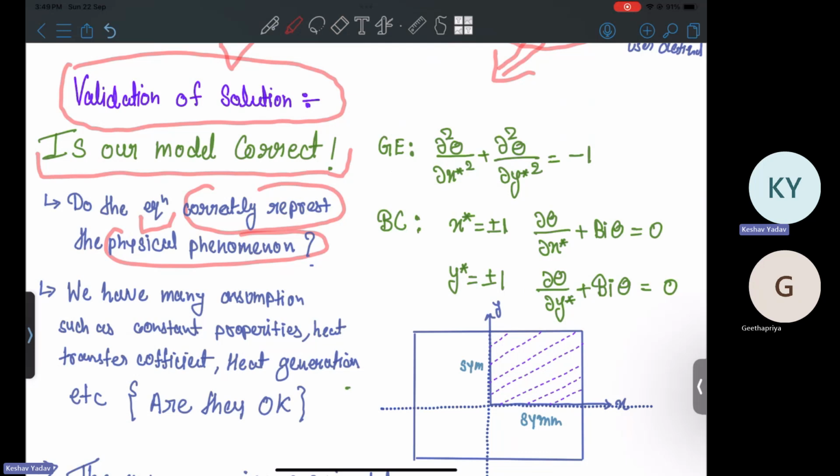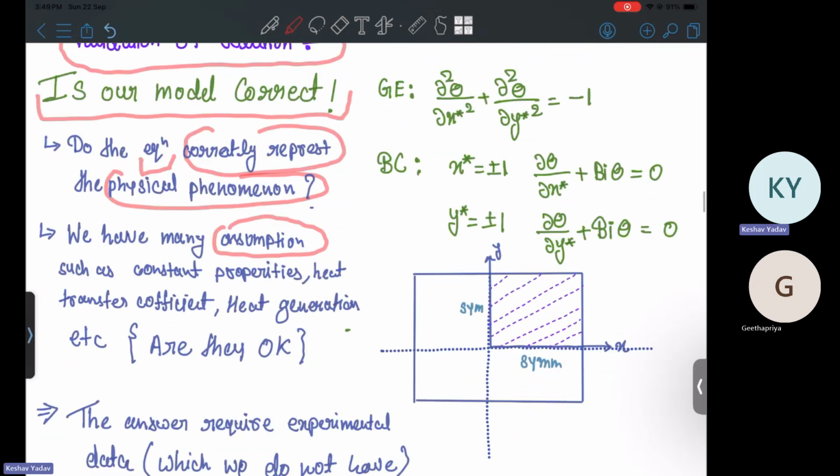The second question is about some of the assumptions we are making to develop the mathematical model. We have assumed constant properties, constant heat transfer coefficient h, and constant heat generation, etc. Are they able to predict the solution correctly or not?